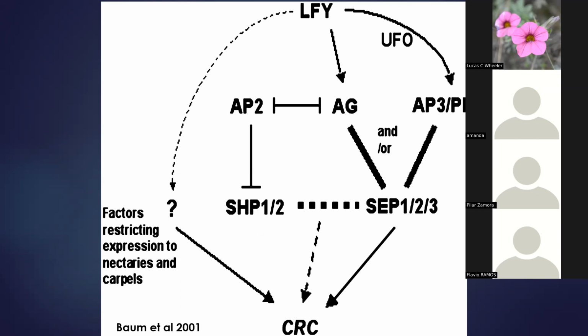So with CRC as a lead, we wanted to understand how CRC is related to diverse Solanaceae nectary types and how it is responsible for the change in position from lower to ovarian type of nectary. So we wanted to understand the role of this gene in the Solanaceae family.